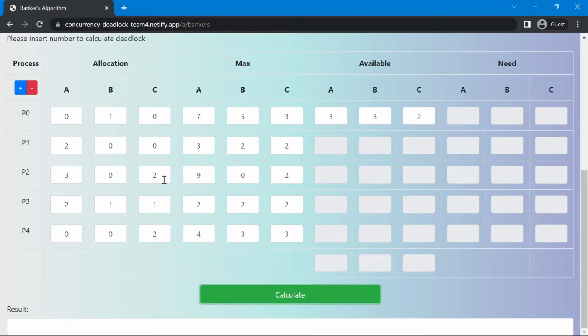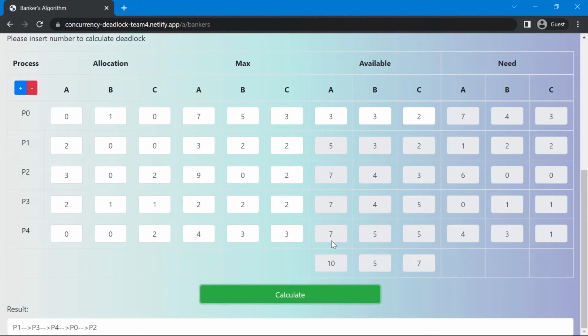After filling all the resources, allocation, max and available, we hit the calculate button. We get the safe sequence as P1, P3, P4, P0, P2, which means if we follow this sequence, then we will get no deadlock.